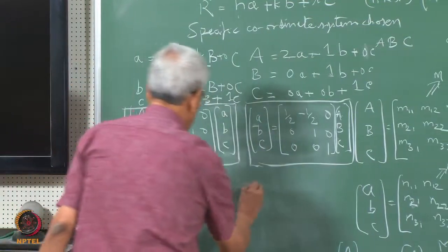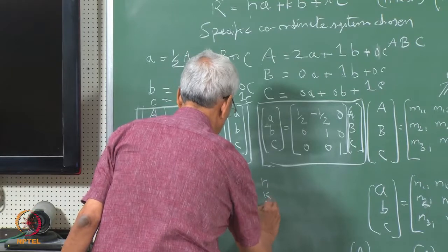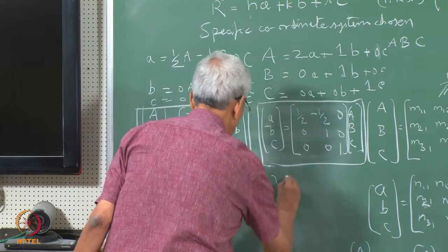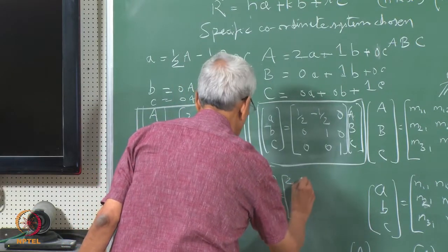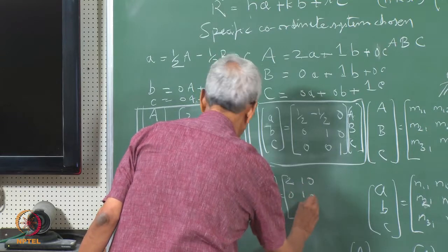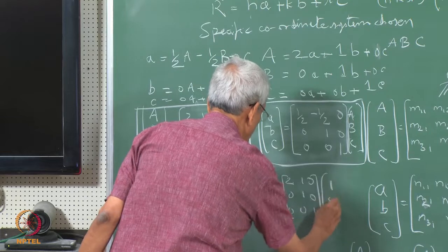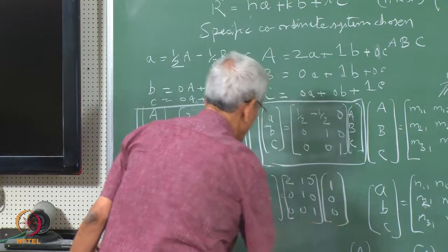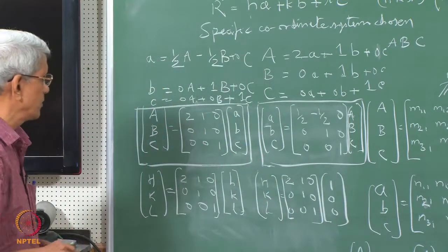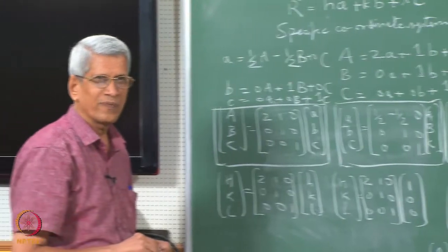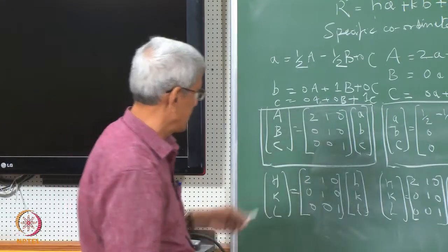HKL will turn out to be 2 1 0, 0 1 0, 0 0 1, correct. What will HKL turn out to be? 2 0 0, correct.